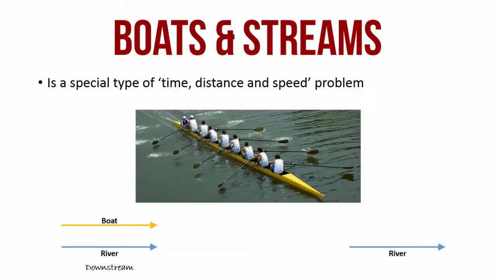Likewise, if there is a river which is flowing in one direction and a boat is attempting to travel in a direction opposite to the river's flow, that is called upstream. That is, if a boat is trying to move against the flow of a river, the boat is said to be traveling upstream.